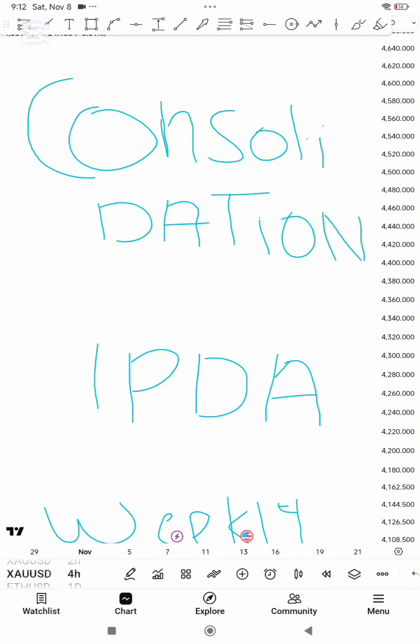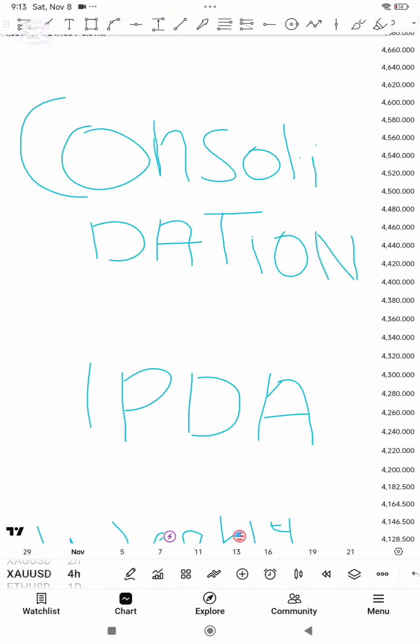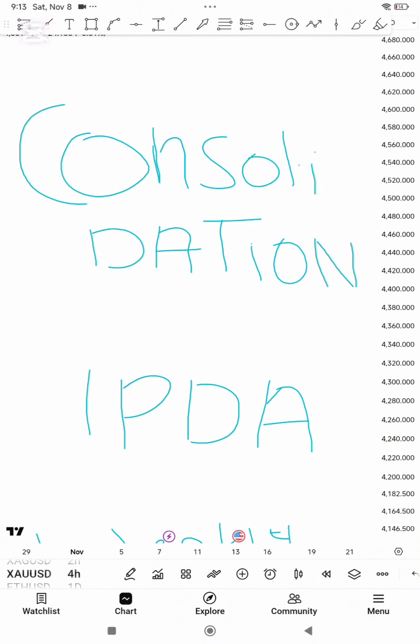In this page the market moves in a tight range. Both buyers and sellers are active, and the market stays inside a range to collect orders from both buyers and sellers, and the market is building liquidity before its next move. And this page works like our page 1, accumulation.